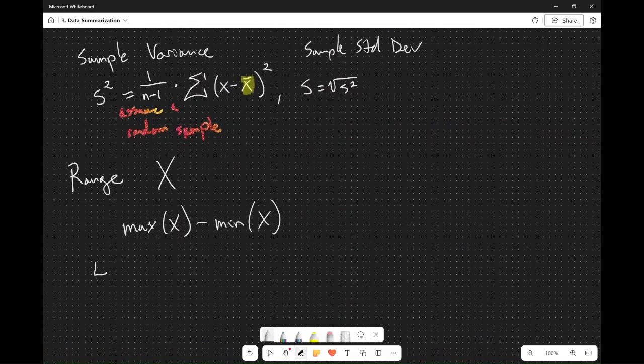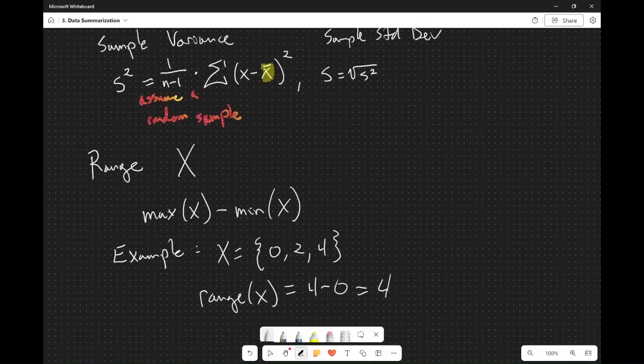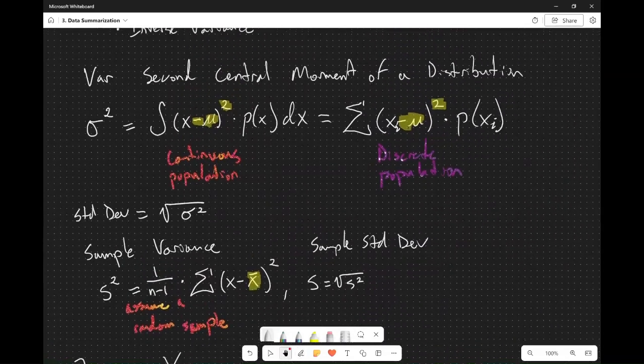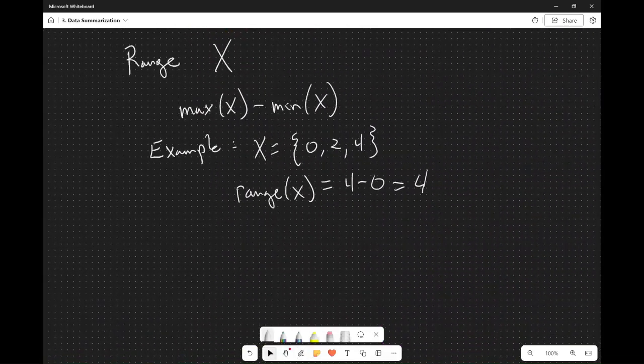As an example, if I had x equal to 0 to 4, my range of x would be equal to 4 minus 0, which is equal to 4. That's it. That is the range. Now, for precision, precision is simply the inverse of the variance. So my precision of x is simply equal to 1 over the variance.